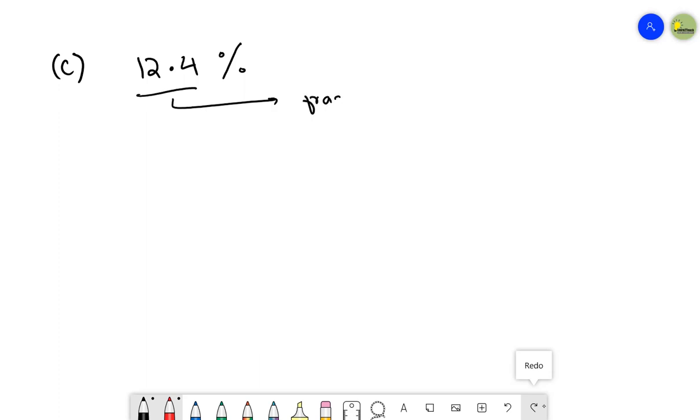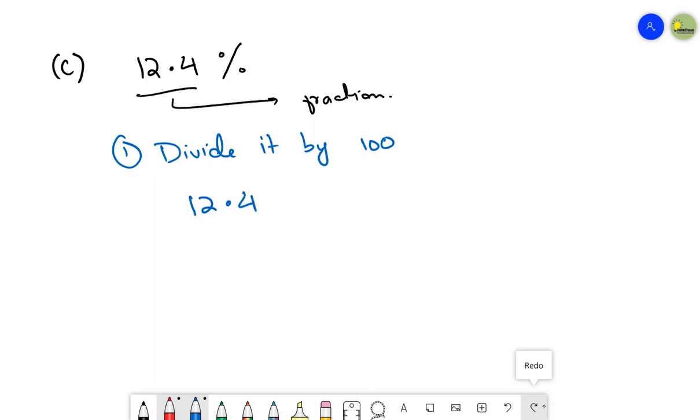Let me do it the same way. First of all, in the first step, divide the number by 100. So when I divide the number by 100, I can write 12.4 upon 100.